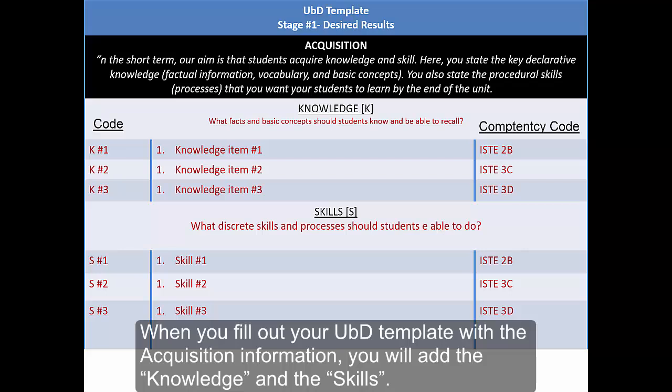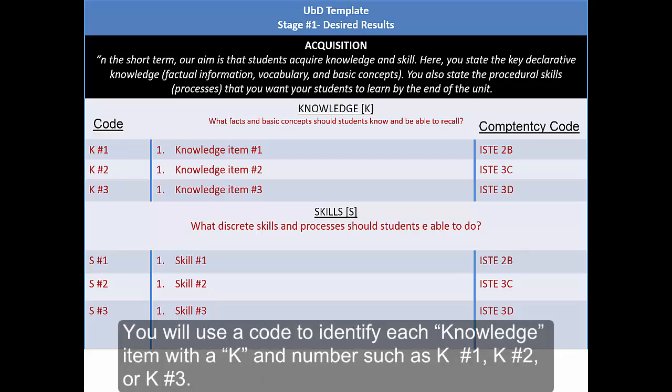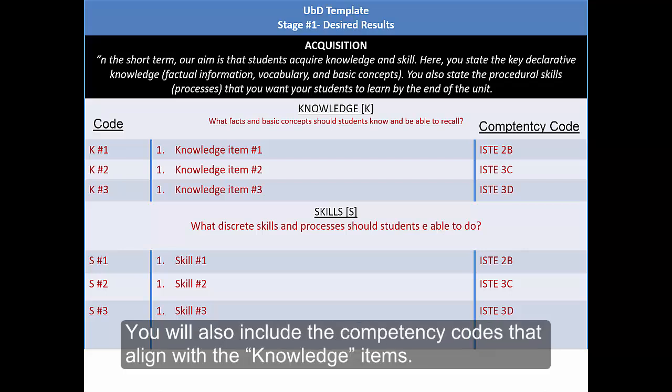When you fill out your UbD template with the acquisition information, you will add the knowledge and the skills, and you will use a code to identify each knowledge item with a K and numbers such as K1, K2, K3, and you will also include any competency codes that align with the knowledge items.